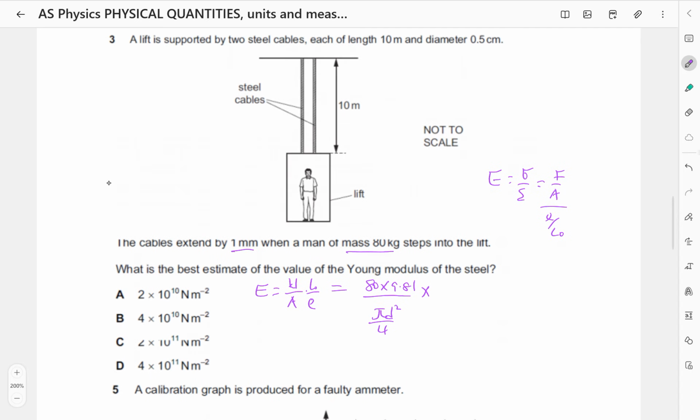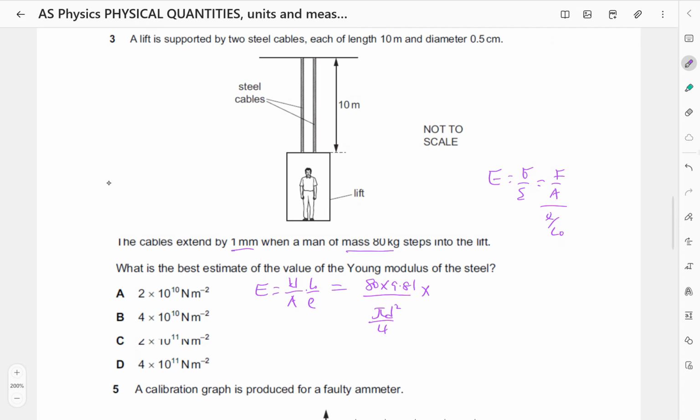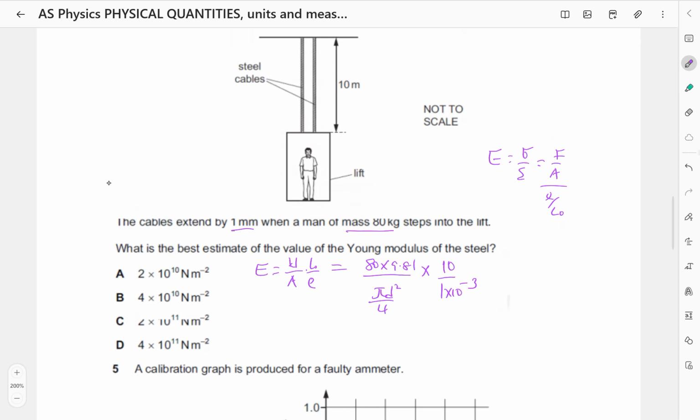The original length is 10, over extension, which is 1 times 10 power negative 3. Okay, I'll substitute the diameter, which is 0.5, so I'll just substitute this.